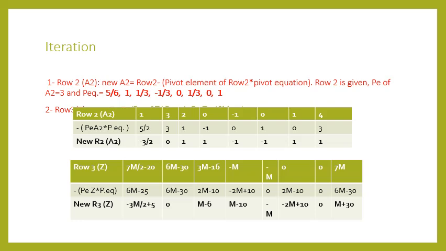So we need to formulate three rows. First row, the upper row for A2, the original A2, the values of A2, the coefficients of the row 2, and the second row is the pivot element of A2 multiplied by the pivot equation.